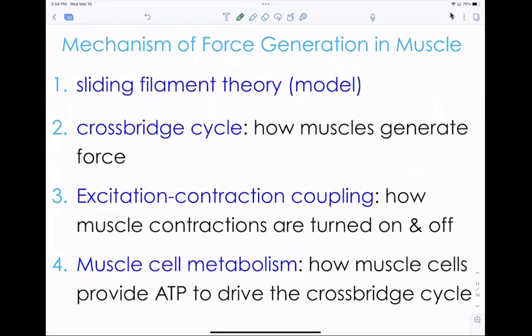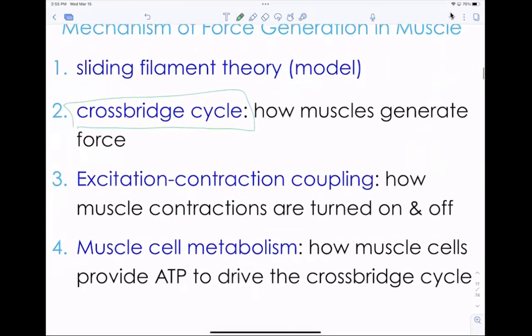How that happens is myosin heads attach to the actin strand, form a cross bridge, pivot, pull that actin strand, and then the myosin head detaches and can re-energize, reattach, and pivot again. That's called the cross bridge cycle.